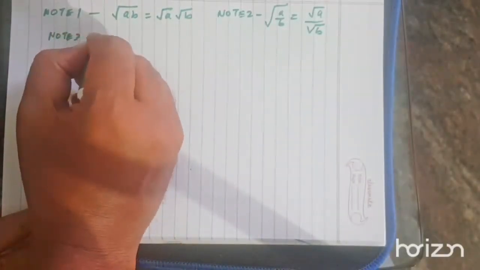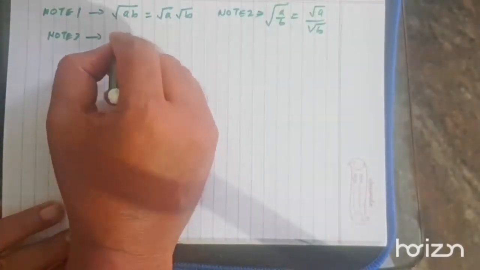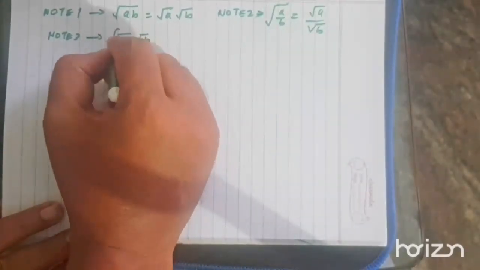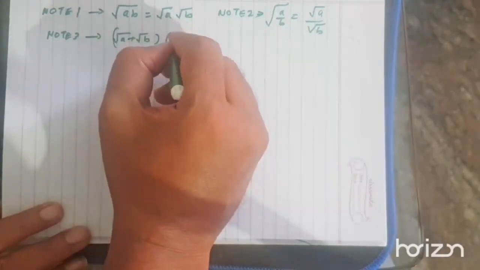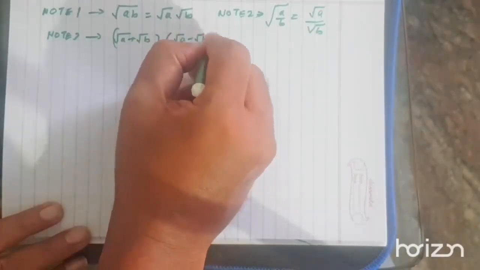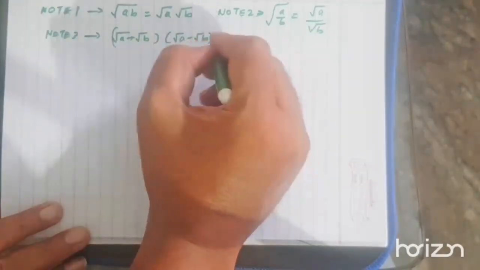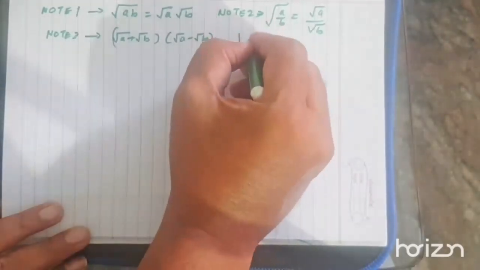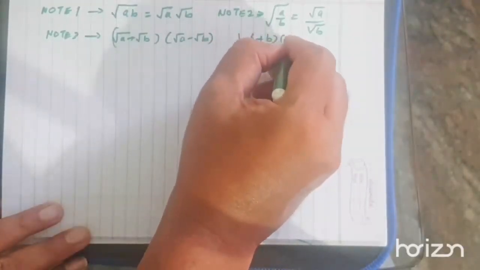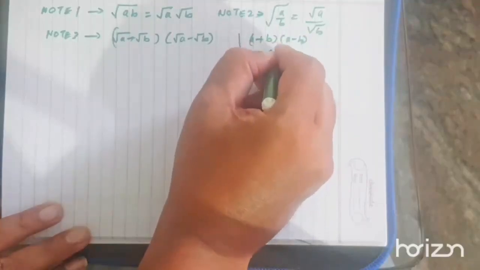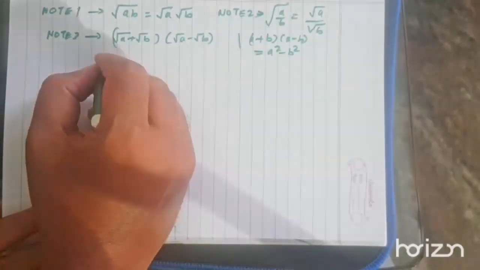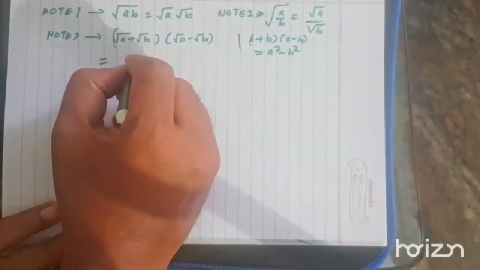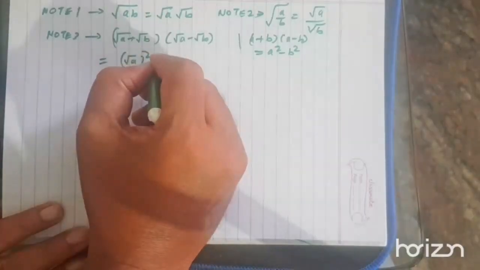And similarly there are other mathematical formulas, root A plus root B into root A minus root B, okay. This looks like (A plus B) into (A minus B), okay. What is (A plus B) into (A minus B)? That is A squared minus B squared, okay. So in A's place we have root A, so root A whole squared minus root B whole squared, okay.